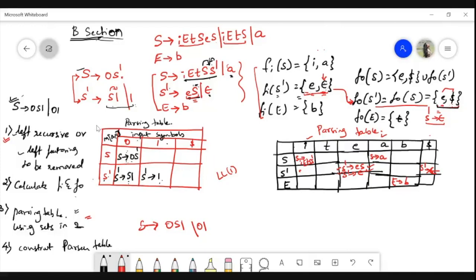If this is deriving epsilon, then no string can begin with a terminal which is there in follow of A. So the third rule: E is there in follow of S dash, the small e. Yes.